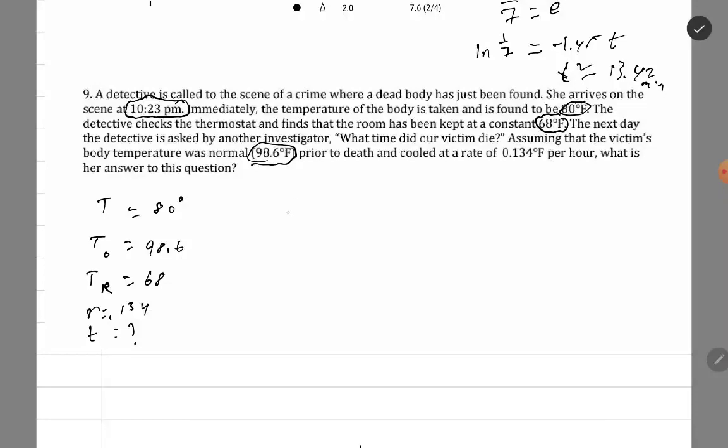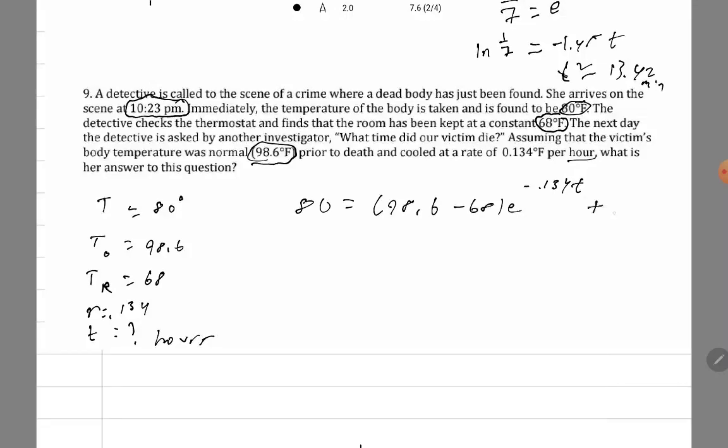Okay. So, 80 equals 98.6 minus 68 e to the negative 0.134 t. This is per hour, that means our t is going to be in hours. We're just going to do what we did last time.